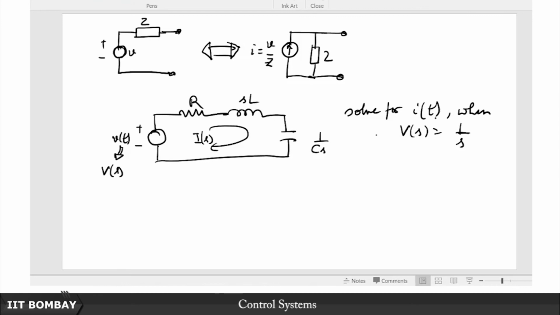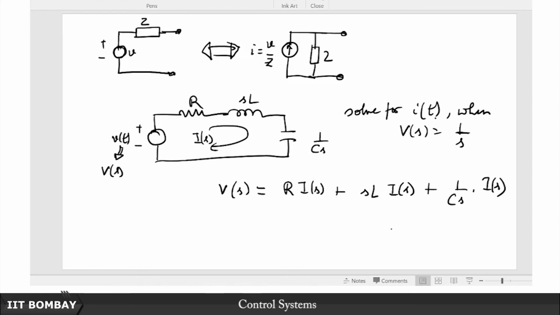Okay, so how do you go about this? Now you will see the actual power of this Laplace transform. You will see that we can write in the impedance form. So this voltage is balanced by R times I of s plus the sum of the voltage drops, so this is R times I of s plus sL times I of s plus 1 over Cs times I of s.